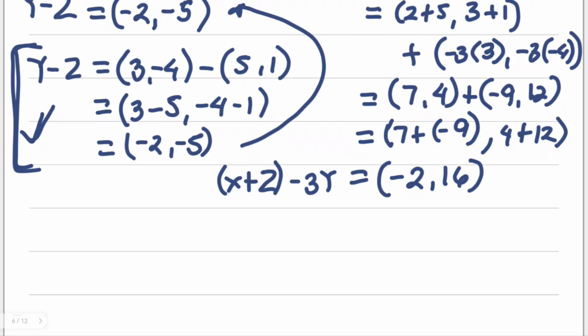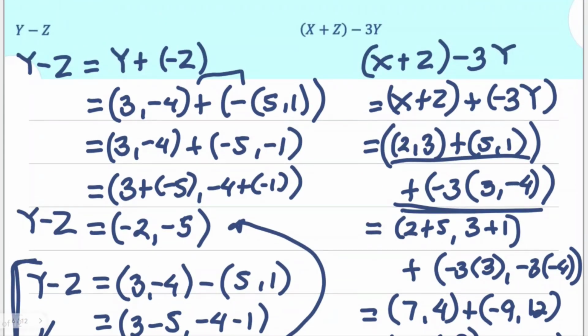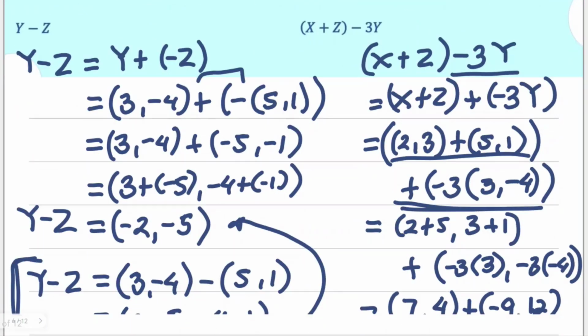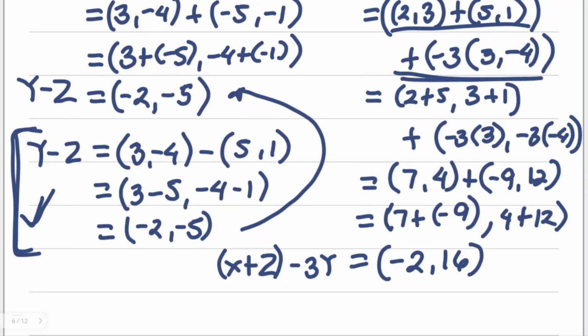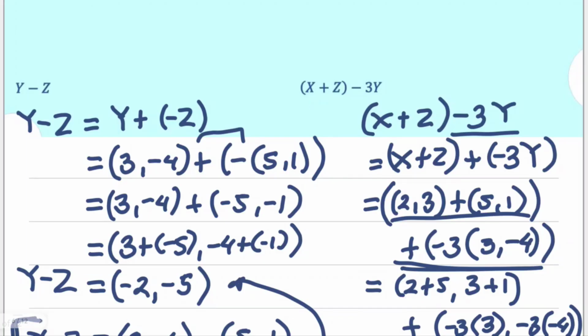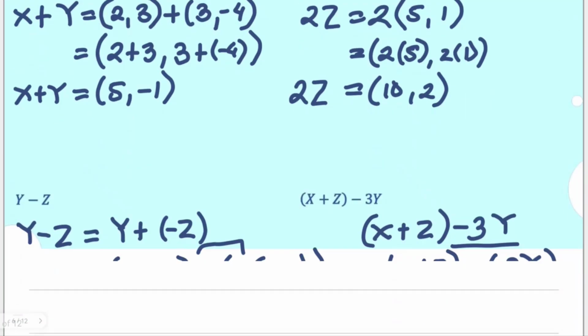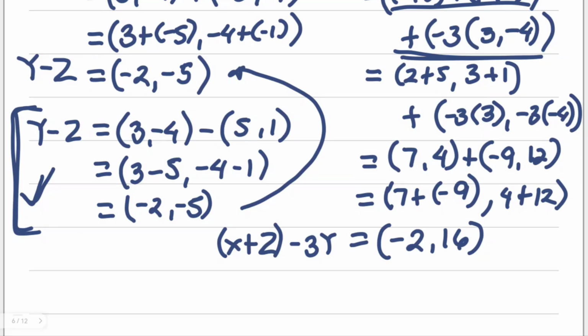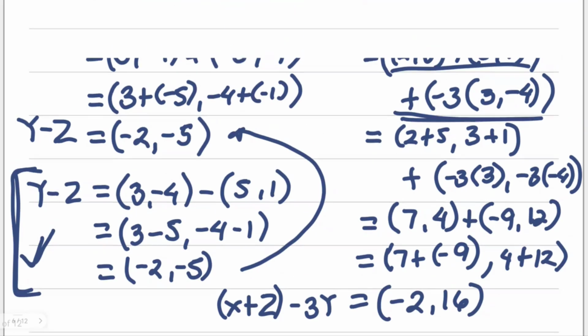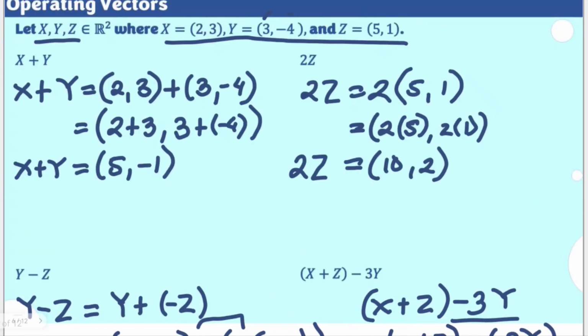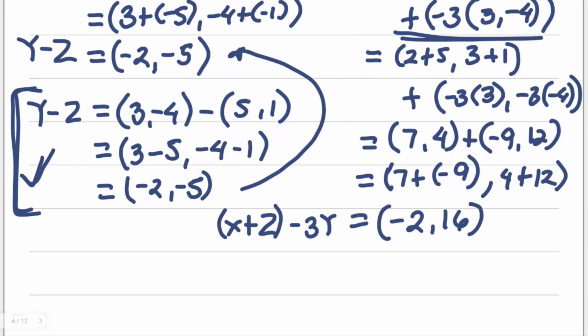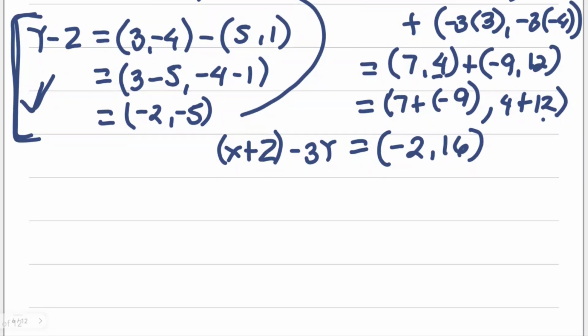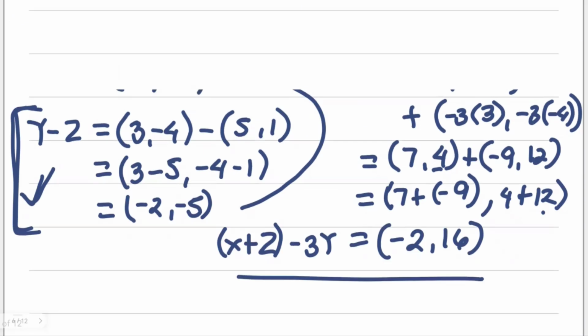Try to verify if you will have minus 3y immediately. So you have minus 3 times 5 is minus 15. Y is 3, right? So negative 3 minus 3 is negative 9. So 7 minus 9, that's correct. And then you will have here negative 3 times the second component, negative 4, that's positive 12. So whatever the result here, 4 plus 12, it's still 16. I believe it's still okay, but you could try that on your own and we will still get the same answer. This is how we operate vectors.